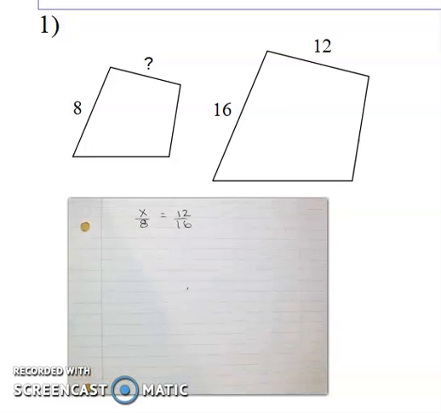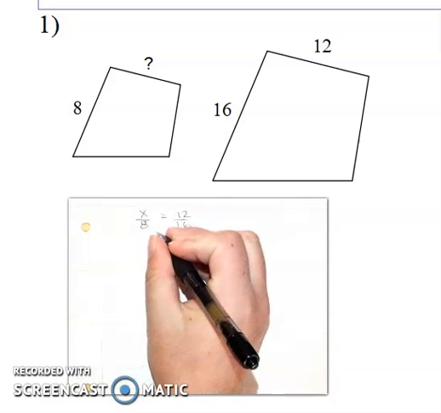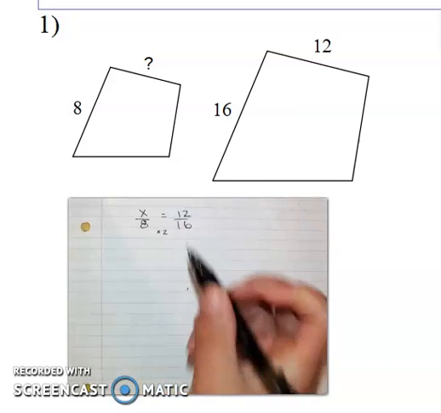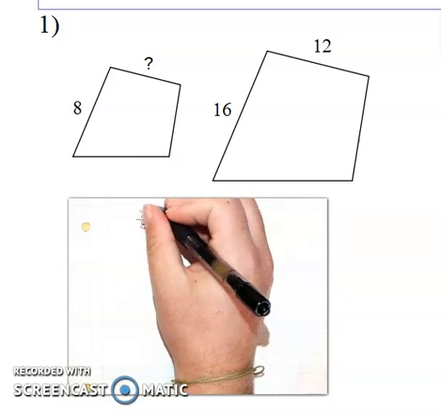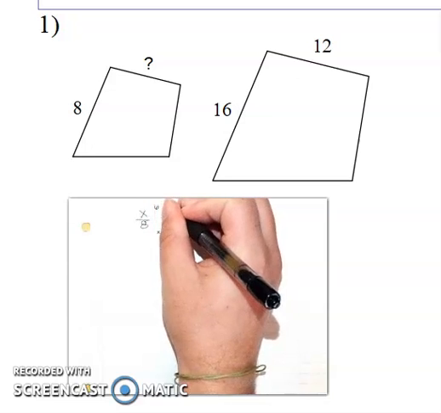Now, I also like to do it this way because I can immediately see a relationship. So, in order for something to be proportional, it means it's being multiplied by the same thing in the numerator and the denominator. So I know that 8 times 2 equals 16, which means I'm also looking for a number times 2 that equals 12. And I know that that number is 6. 6 times 2.